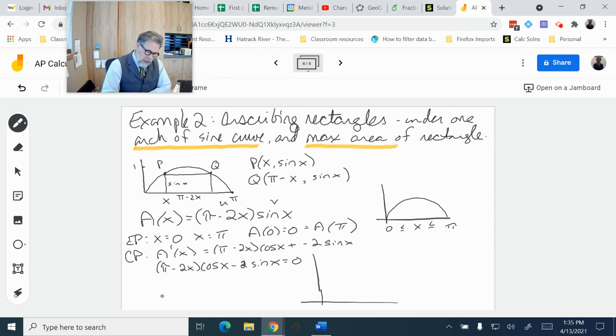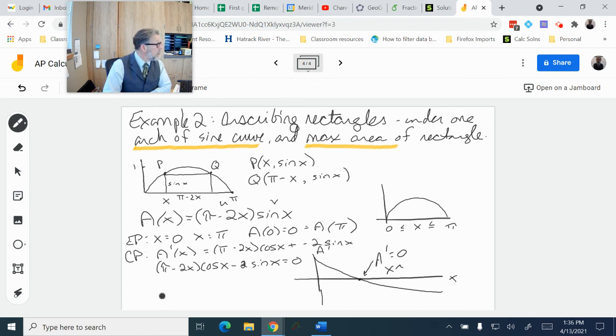When I type A prime into a calculator, I get a function that looks something like this. A prime is equal to 0 when x is approximately 0.710.